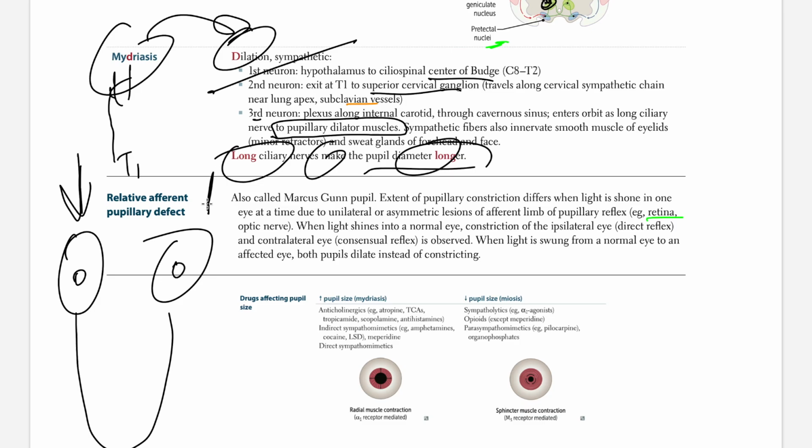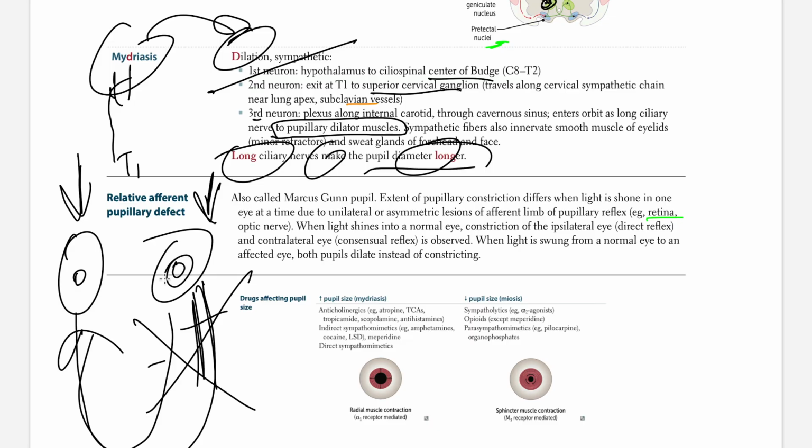But when you shine the light in the abnormal eye, the connection is lost because there is a problem there. So nothing goes from here all the way there. When nothing goes there, this eye is going to dilate, and the other eye doesn't even know it's supposed to constrict. That's called the afferent pupillary defect. Something is wrong in the afferent fibers, examples being the retina and optic nerve.